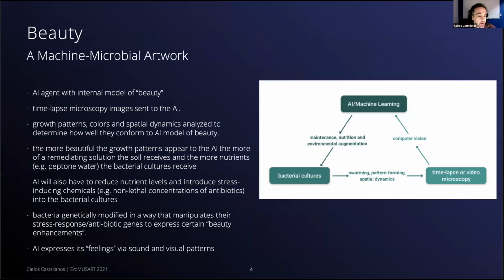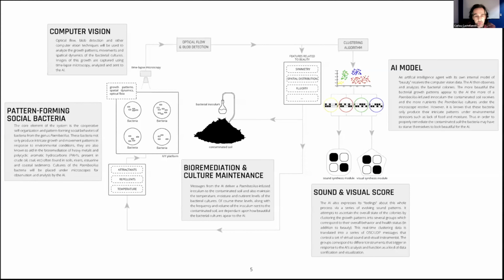So the idea is that they'll reduce nutrient levels or induce, like I said, stress-inducing chemicals, et cetera. And it's a real-time thing. Let me show you the larger, poster-like image.